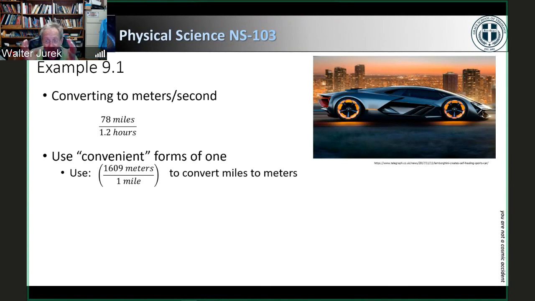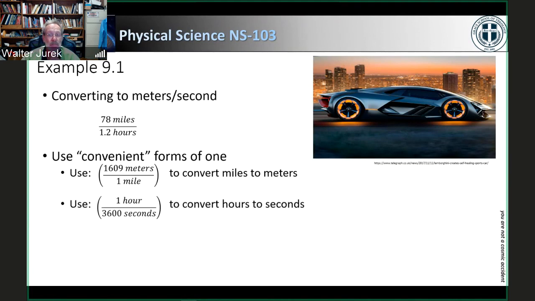So we can create this wonderful little fraction, 1609 meters over 1 mile. So that'll convert the distance stuff, but then I got to do the time thing. There's 1 hour equals 3,600 seconds. That's my convenient form of one.